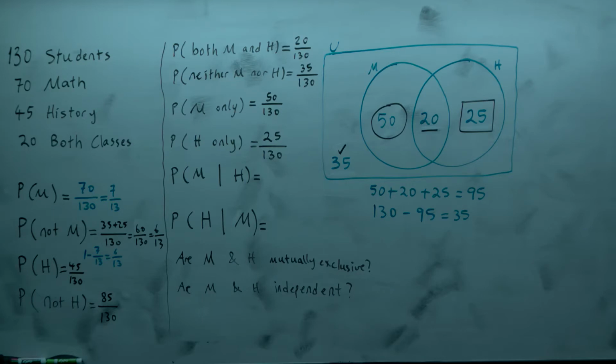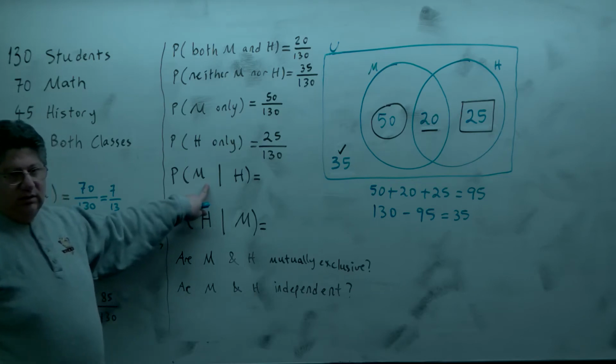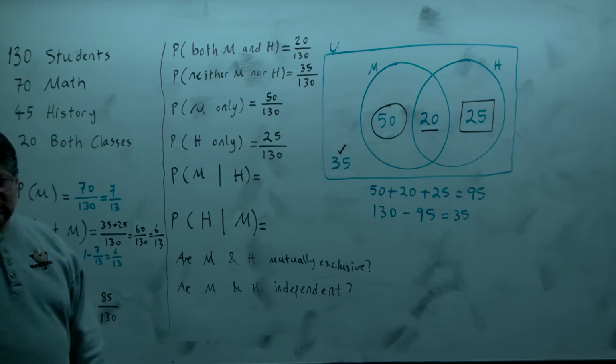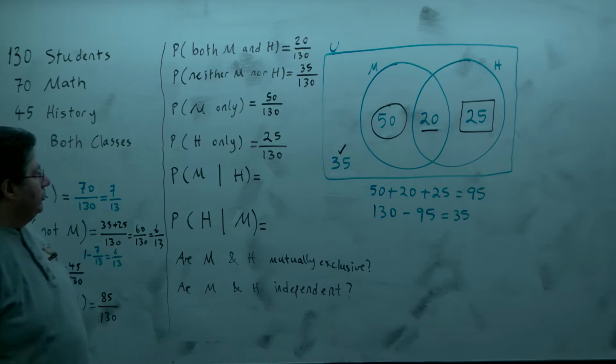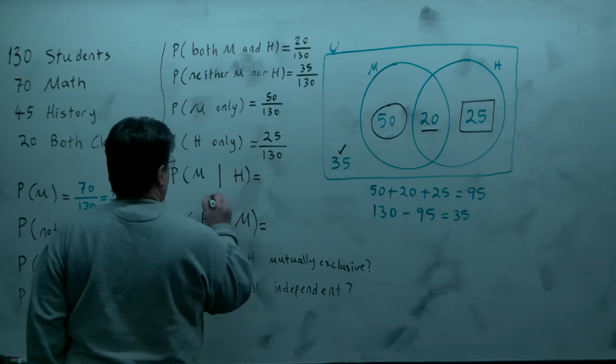We know that a randomly selected student is taking history. What we would like to know is what is the probability that a randomly selected student is also taking math if we are given that he or she is already taking history. So this symbol means given.